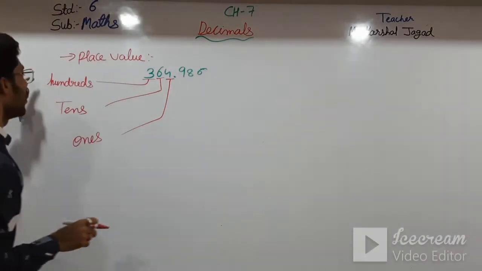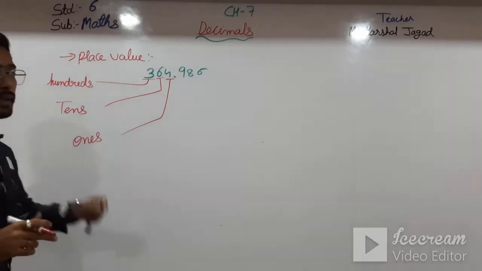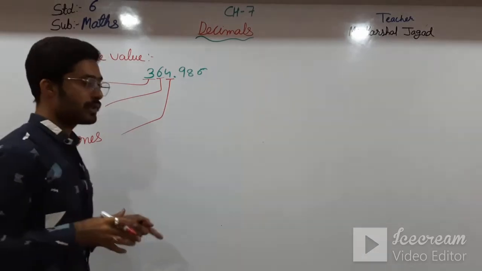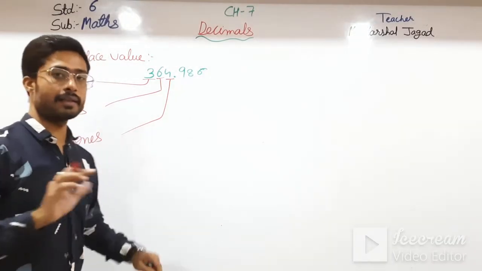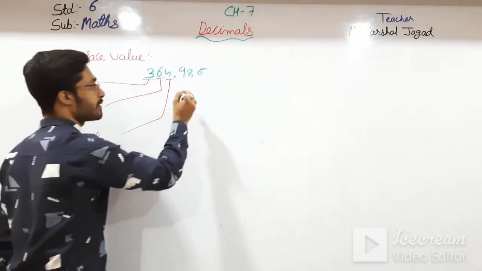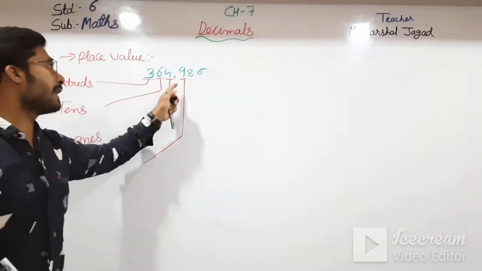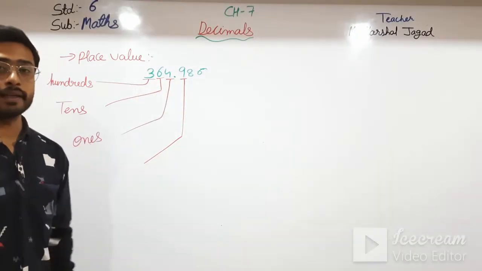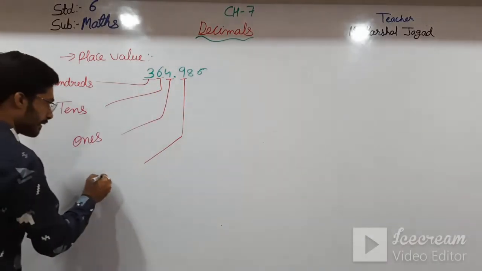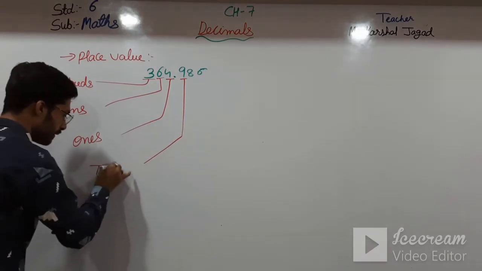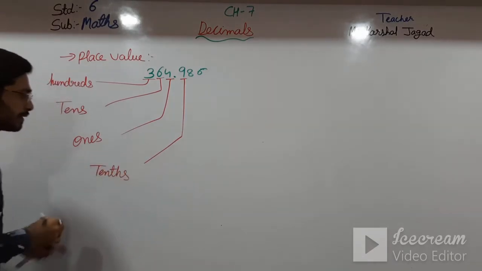Now we know this 3, hundreds, tens and ones, and you have studied all this in the previous class, but I am still going through it. So here the place value after the point is tenth. This is tenth.